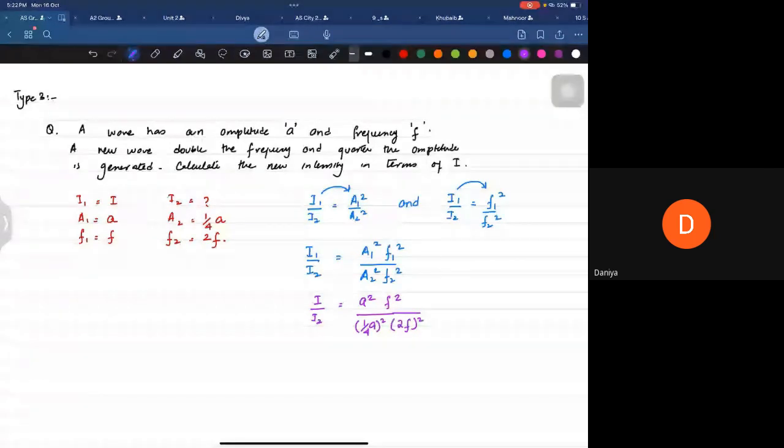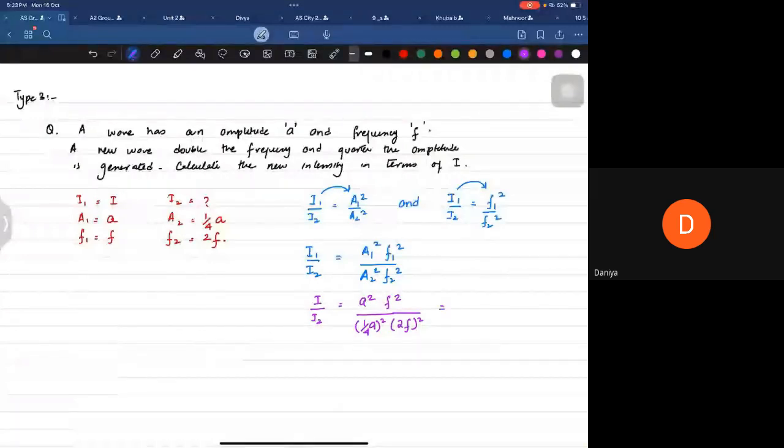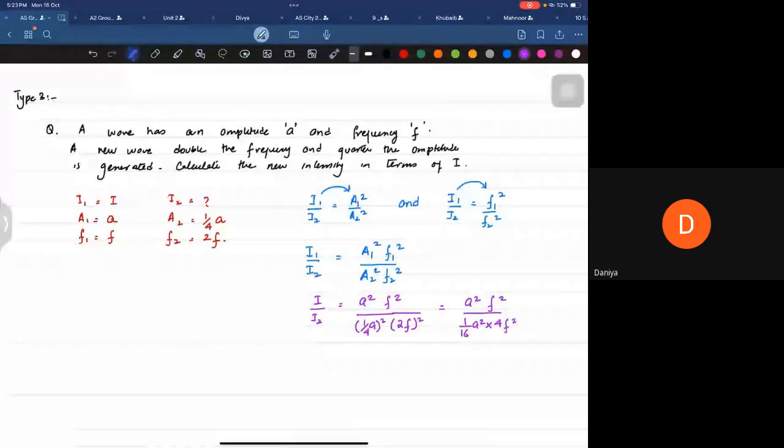Yes. Okay. Once you have that, then try to simplify it. So we're going to simplify it. This is going to be A squared. This is going to be F squared, divided by the square of a quarter, which is 1 upon 16, A squared, and then multiplied by 2 squared, which is 4F squared, like that. Now, A and F will cancel out with each other, so basically this A cancels out, this square cancels out.